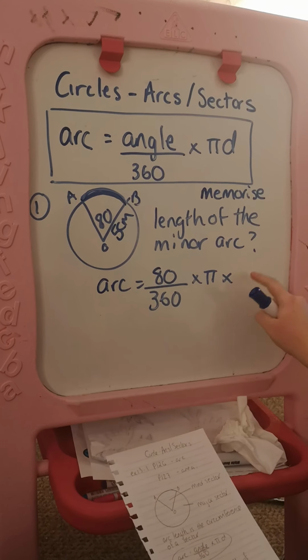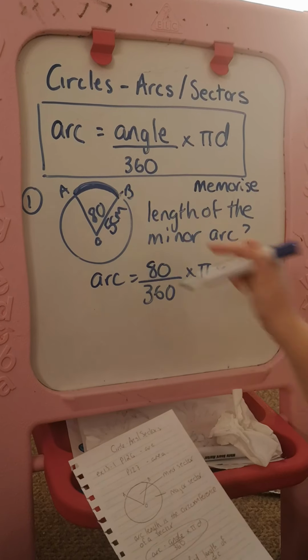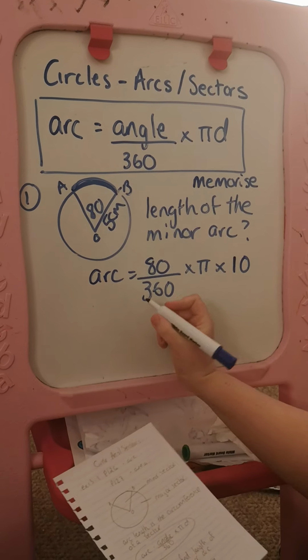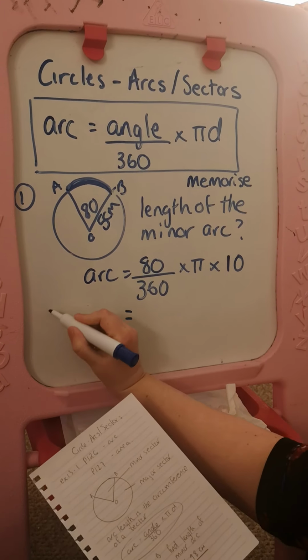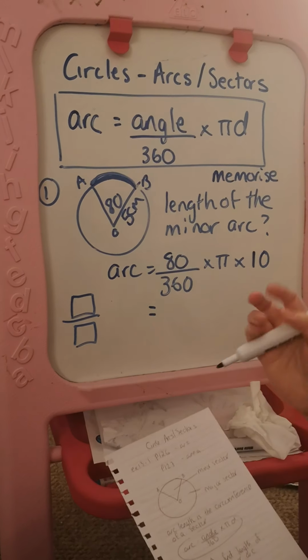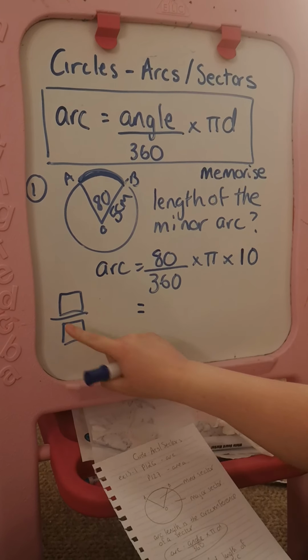Our formula wants diameter. If your radius is 5, diameter is the full width of the circle, so your diameter would be 10. Now going to your calculator, there are several ways to put this in. If you're confident with your fraction button, you could just press it and put the 80 over 360 there.